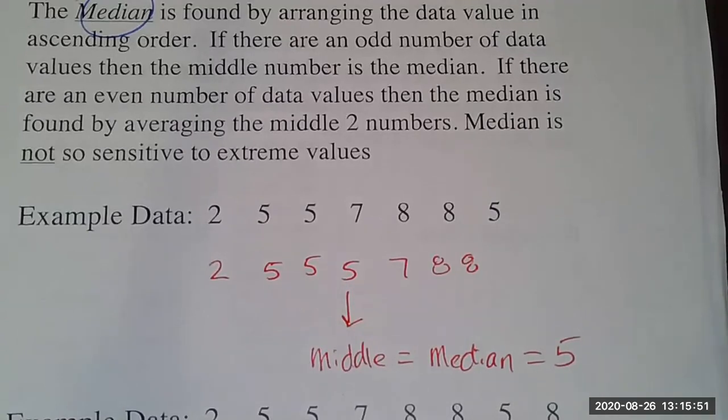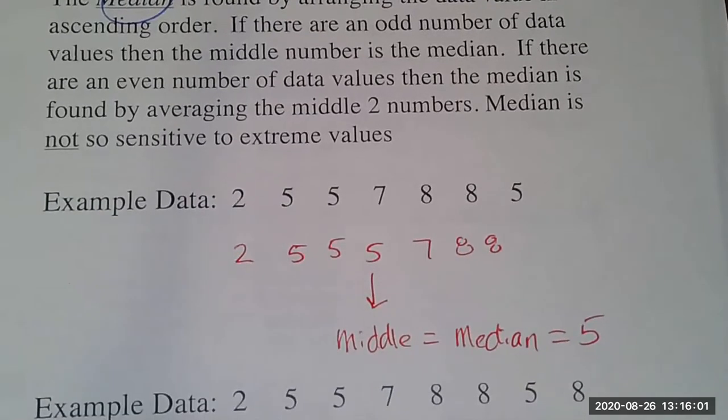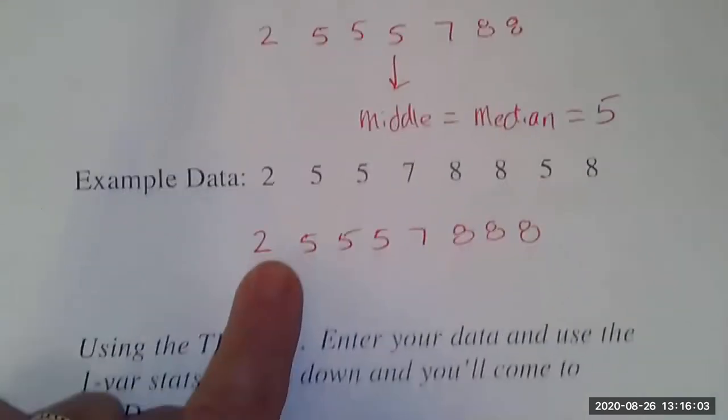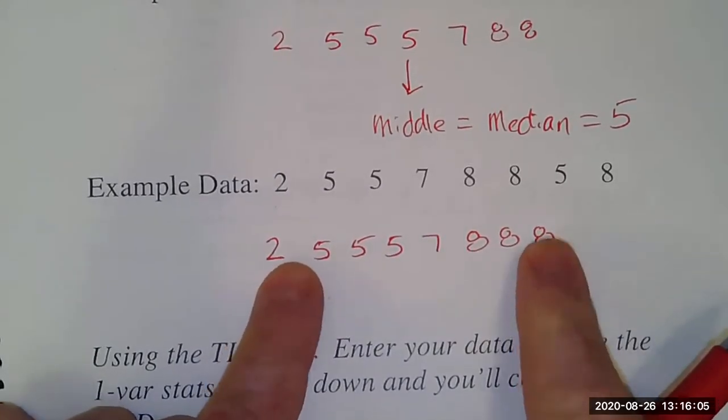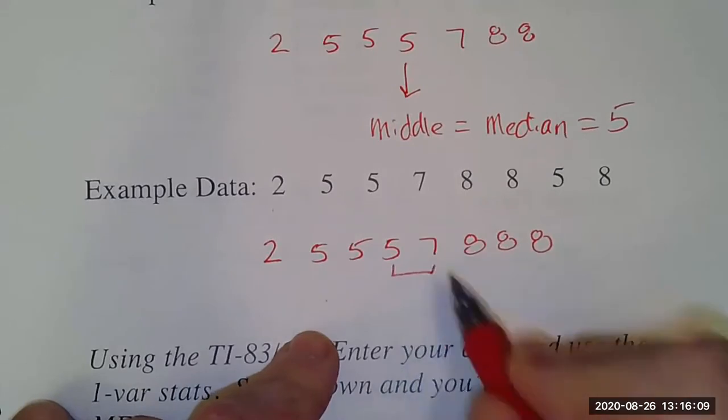All right, what about this one? Okay, I'm going to arrange this: 2 and then 5 and 5 and another 5 and 7 and 8. Okay, now I'm going to count them up. Hey, there's 2 middle numbers.